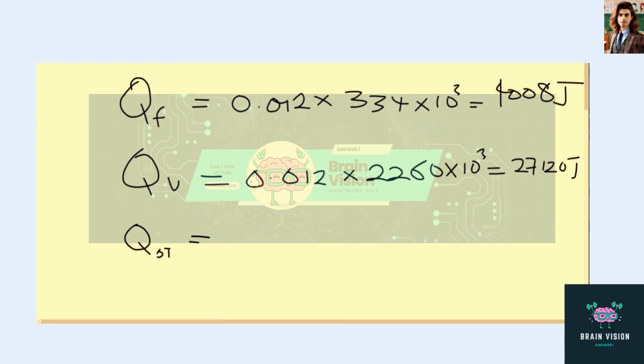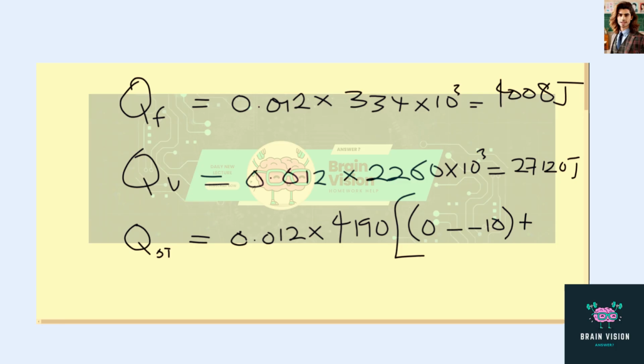Now, finally, let's look at the energy involved during the temperature changes, from negative 10 all the way to 100 degrees. Here we are going to look at 0.012 multiplied by the specific heat capacity of water, which is 4190, into square bracket, changing from negative 10 degrees Celsius to 0 first, and then changing from 0 degrees to 100 degrees, so 100 minus 0.